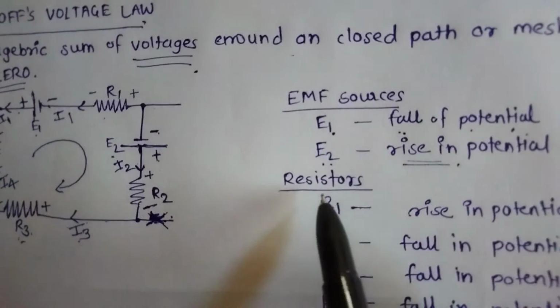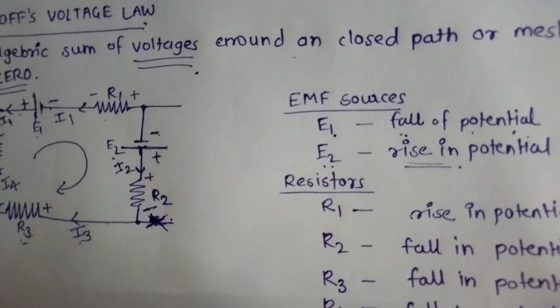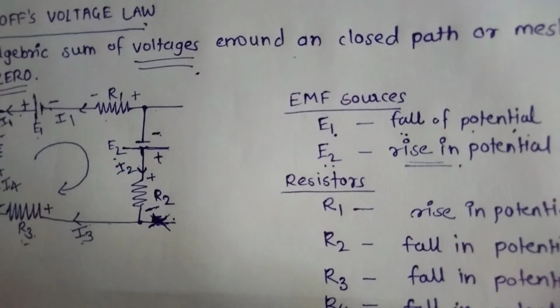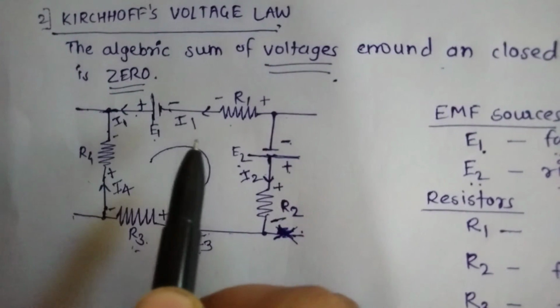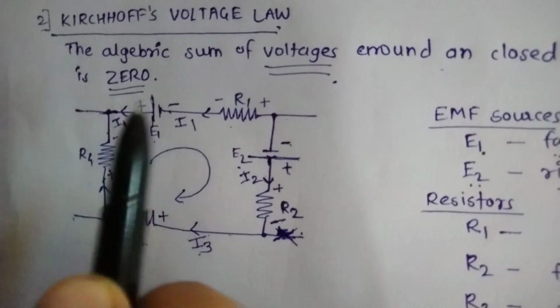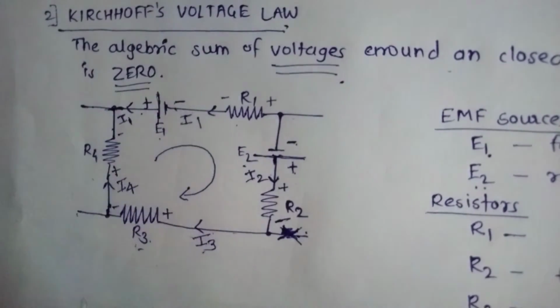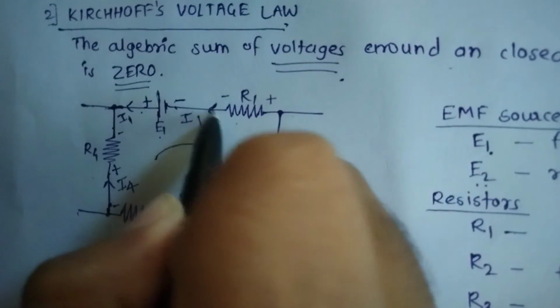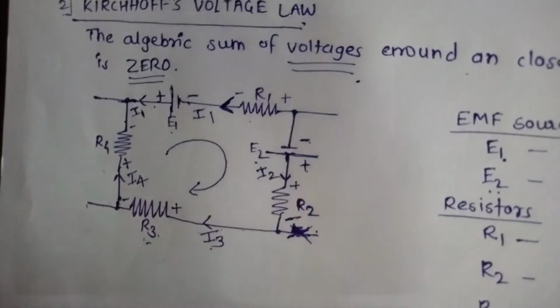Next, we will consider all resistors in the circuit, right? So R1, R2, R3 and R4. So where is R1? Here. What R1 is doing is, we are moving in this direction, opposite to the current, right? Current is flowing in this direction, but we are moving in the opposite direction of the current.